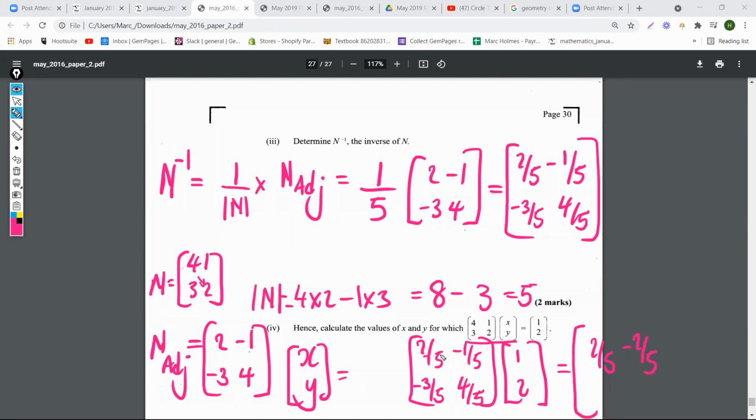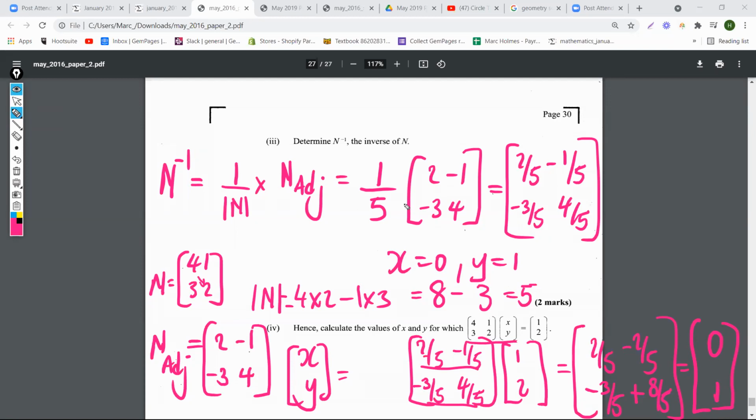That's the first spot. Then the next one is row by column, which is minus 3 over 5 plus 8 over 5. So that's going to end up being 0, and it's going to end up being 1. So we're going to get 0 and 1. So that means x is equal to 0 and y is equal to 1.